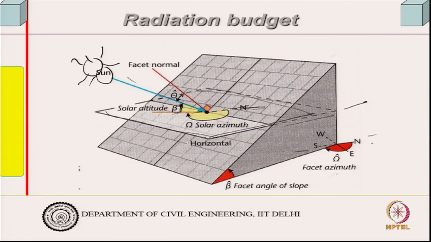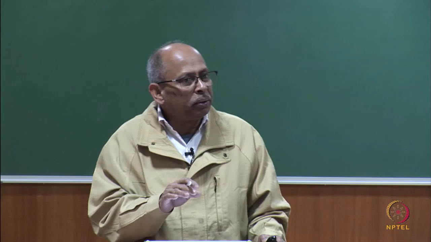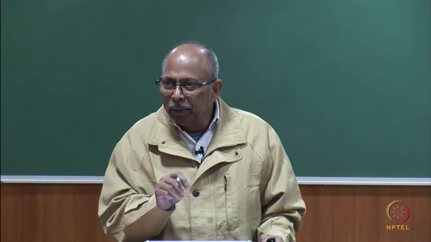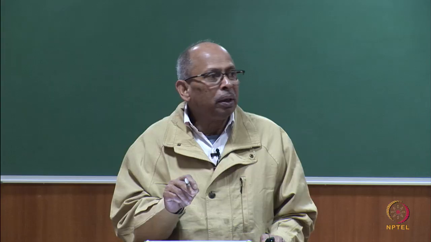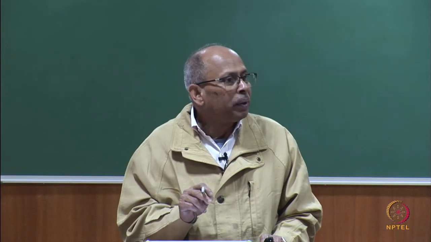Supposing this is the normal to the surface, if I project it onto the ground, I will get some line. This angle I will call the surface azimuth: the normal to the surface projected onto the horizontal plane, and the angle between that and the north direction measured clockwise.